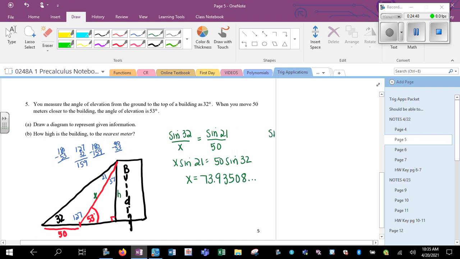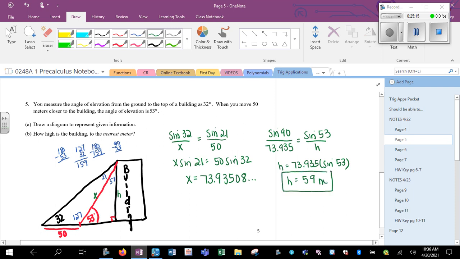So I'm going to do the sine of 90, which is over the side we just found. That equals the sine of 53 over the height. So our height, once we multiply it out, looks like the height of this building is about 59 to the nearest meter, so 59 meters.